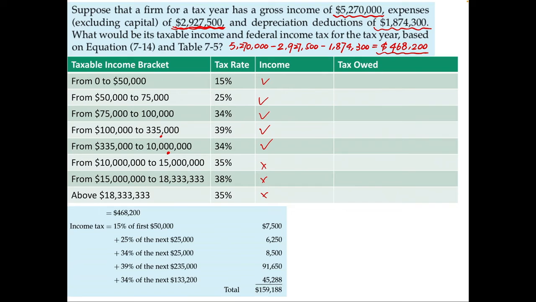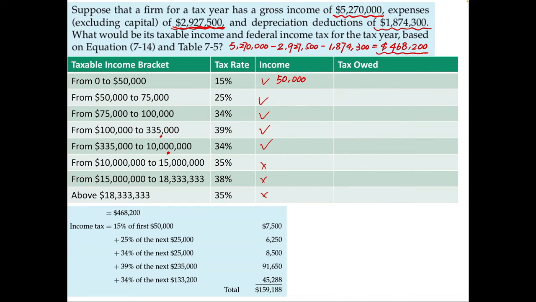Okay, so first, the 468,200 is made of 50,000. That's the first 50,000, right?